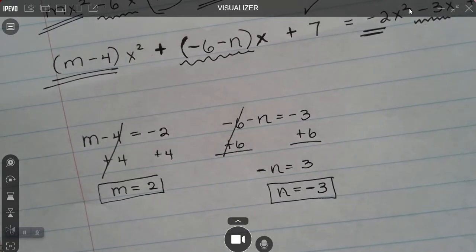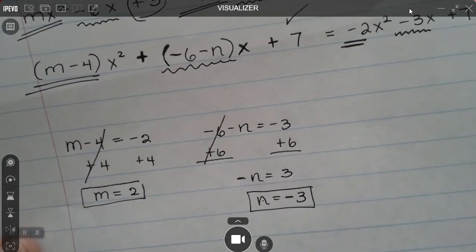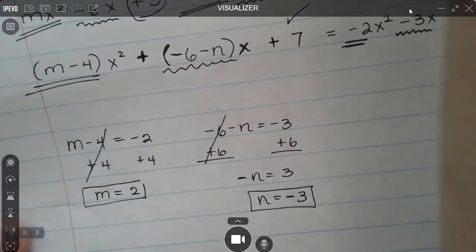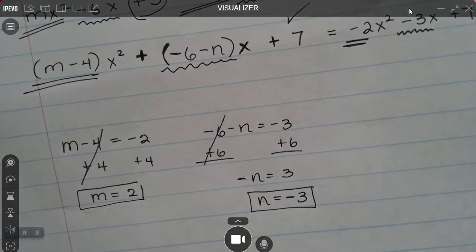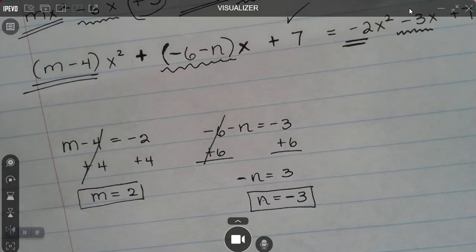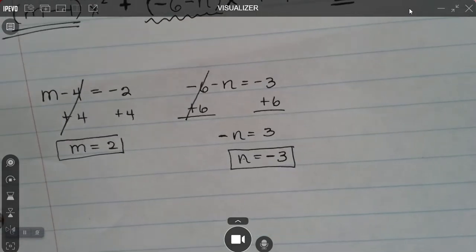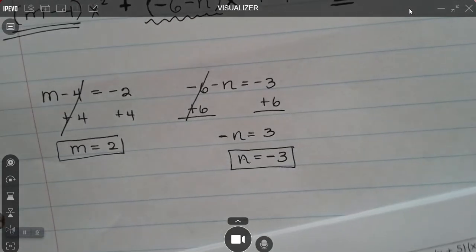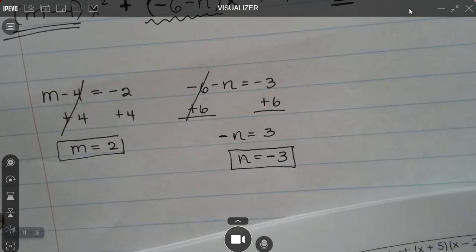It's basically the same thing as dividing by negative 1, okay? All right, flip the page. Those of you that are done writing.